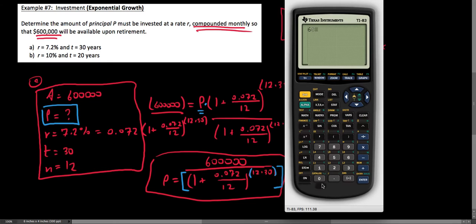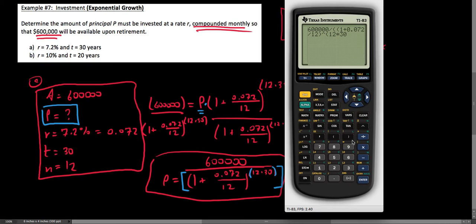So we have 6 with 5 zeros, 1, 2, 3, 4, 5, divided by now our first parenthesis. We have yet another parenthesis here, and then we start in with our 1 plus 0.072 divided by 12. Now we're going to end that parenthesis, and we're going to say this was our entire denominator, which we were raising to the power of, in parentheses, 12 times 30.